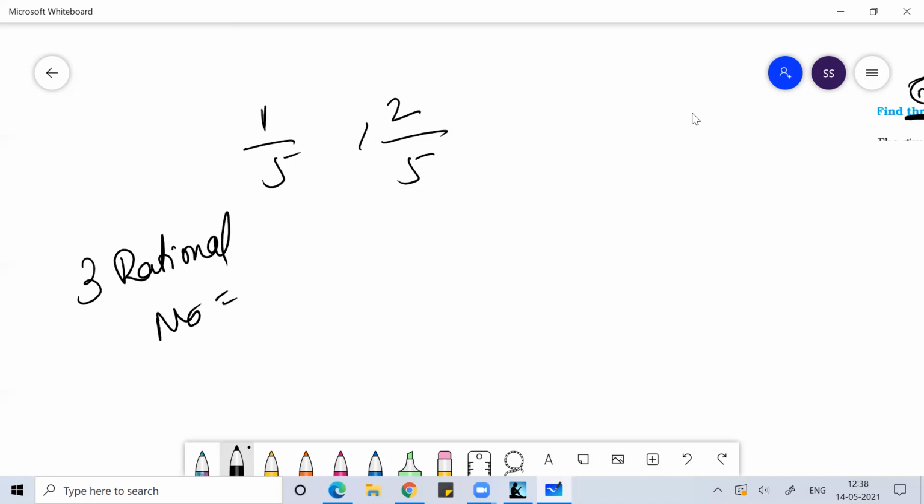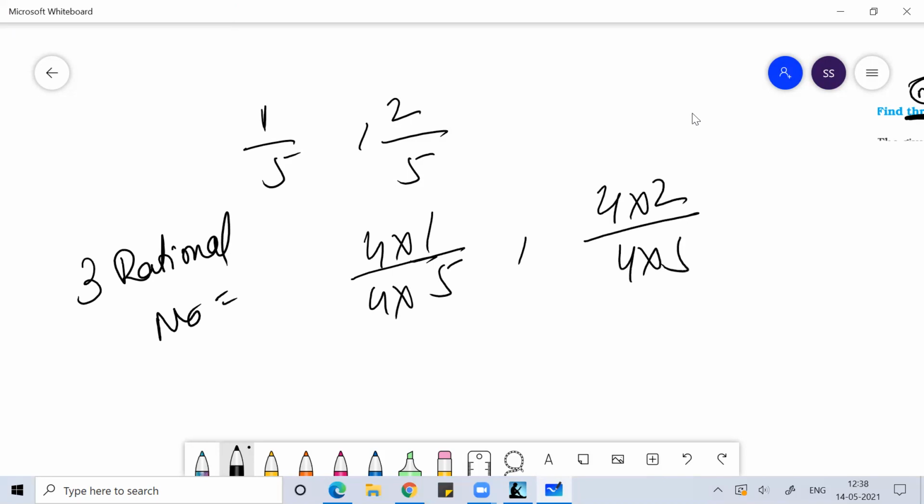If this is 1 by 5 and this is 2 by 5, and you want 3 rational numbers, you multiply 4 with both numerator and denominator, and you will get 4 by 20 and 8 by 20. Can you understand this?